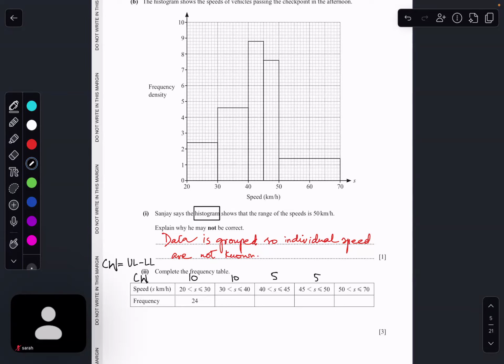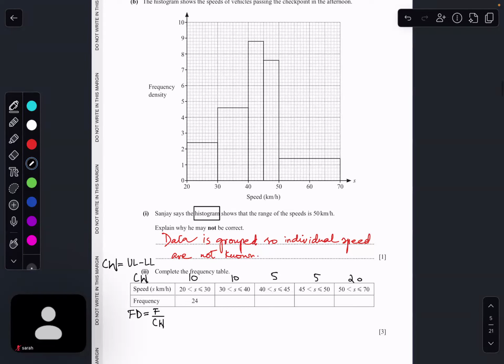Then this 5, this 20. We have a histogram over here with different class widths, so we will be making another row for frequency density, which is frequency over class width. So regarding histograms, you should remember this: class width, frequency density.